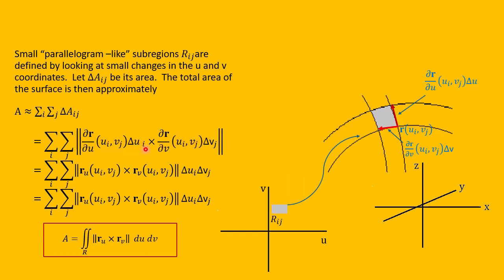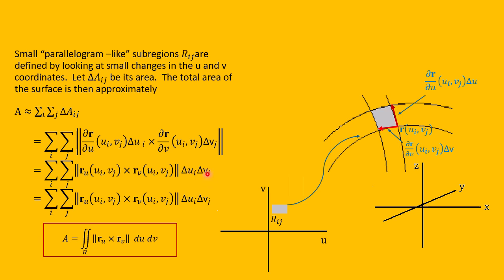And now we'll just change our notation a little bit. For this partial derivative with respect to u, we'll call it r sub u. This partial of r with respect to v, we'll just call r sub v. We can pull the constant factors, delta u sub i, delta v sub j, outside the norm.